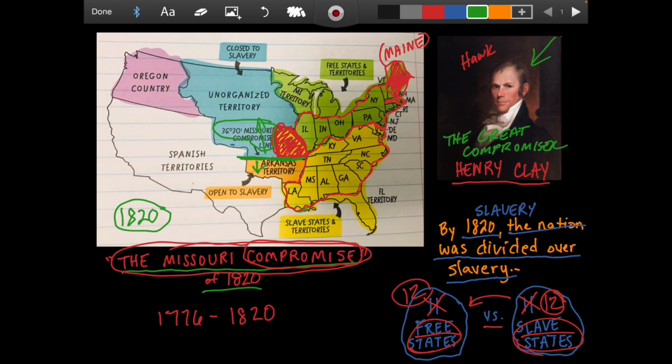And any time that there's a debate where two sides can't get along going forward, everybody is going to turn to Henry Clay to try to help solve the problem. And as we're going to find out, Henry Clay is actually going to live up to his nickname, because he is going to come up with several compromises that are going to keep the nation together, but eventually slavery is going to lead to the Civil War.